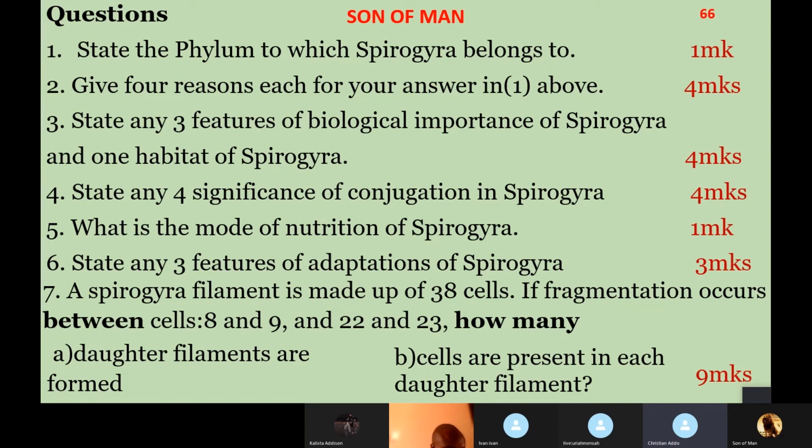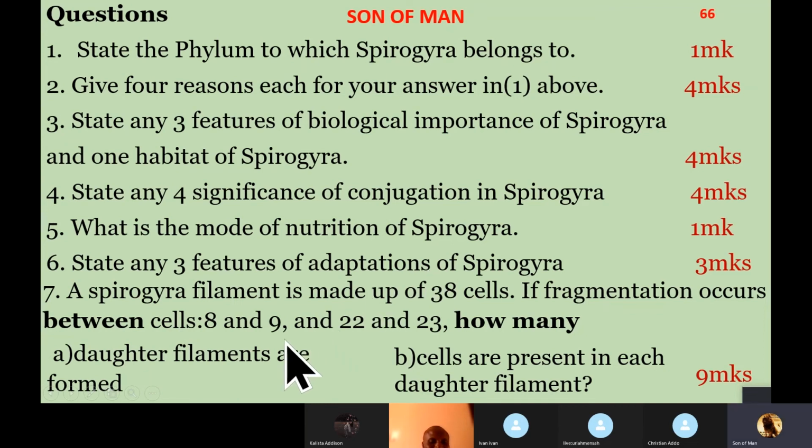First one is 8, second is 14, and the third is 16. 16. So, Calista, 8 plus 14 plus 16 is giving me 38. And that is the 38 cells.